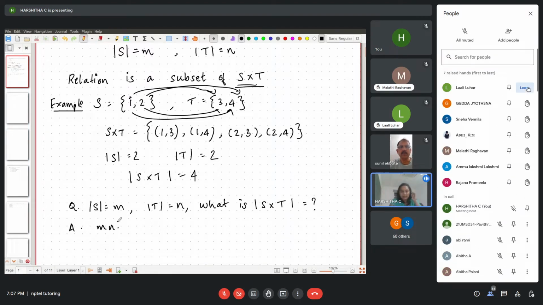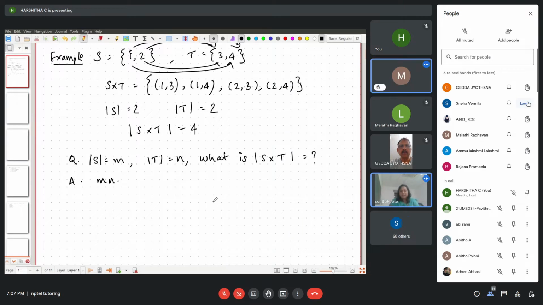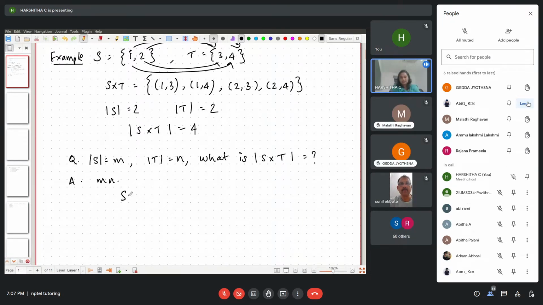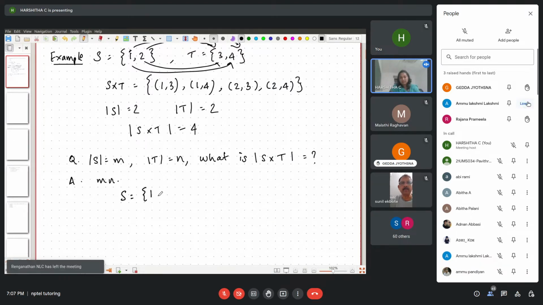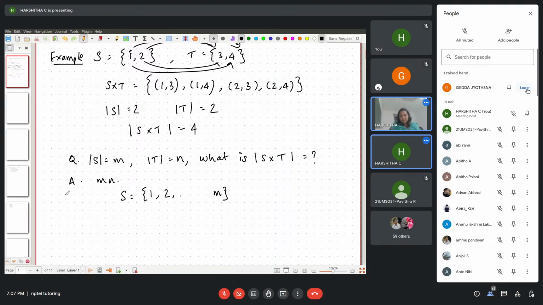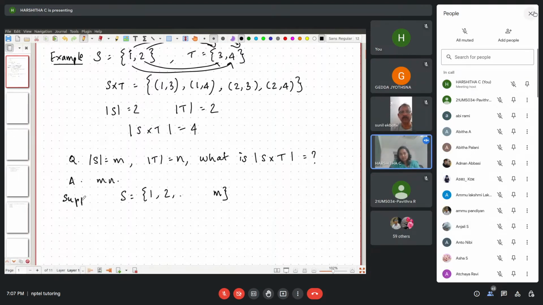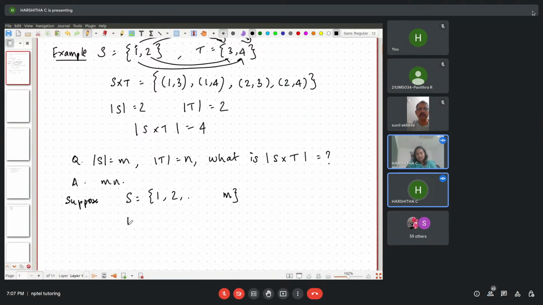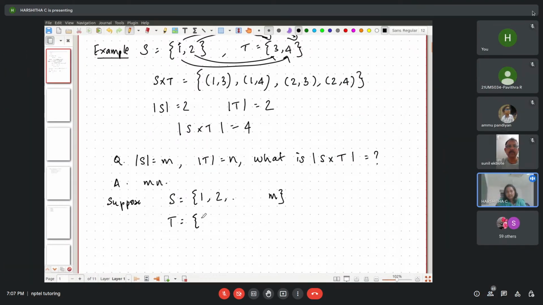I hope this is easy to see. If your S has M elements, for simplicity let us take 1, 2, all the way up to M. Suppose your T has N elements, let's take 1, 2, all the way up to N. When you say S cross T, what are we doing?